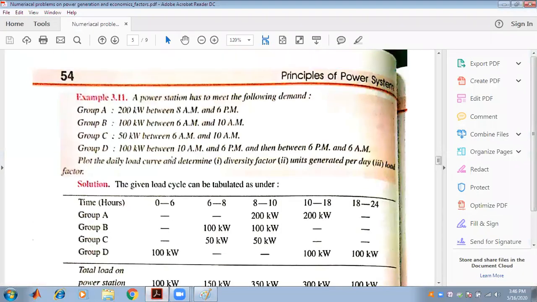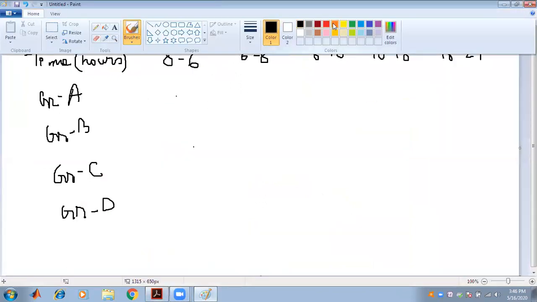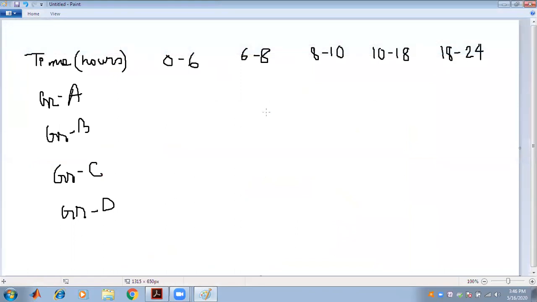For group A, it is 200 kilowatt between 8 a.m. and 6 p.m. So from 8 a.m. to 10 a.m. it is 200 kilowatt, and from 10 a.m. to 6 p.m. it is also 200 kilowatt.